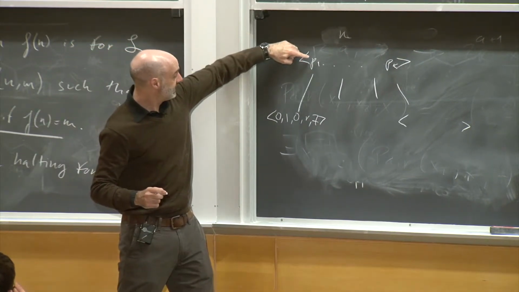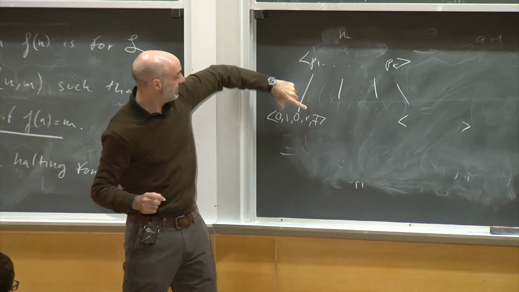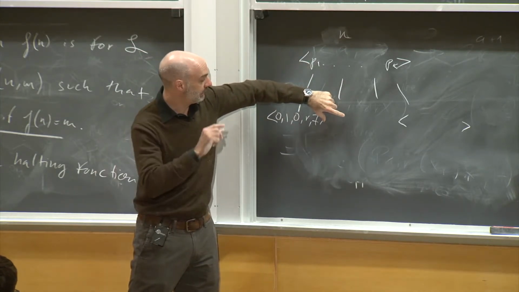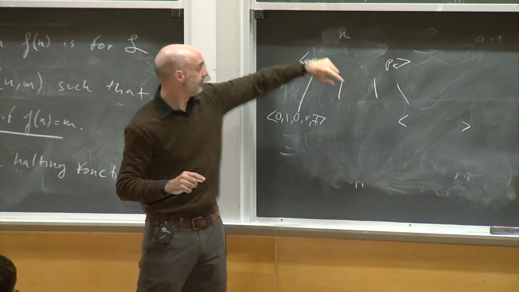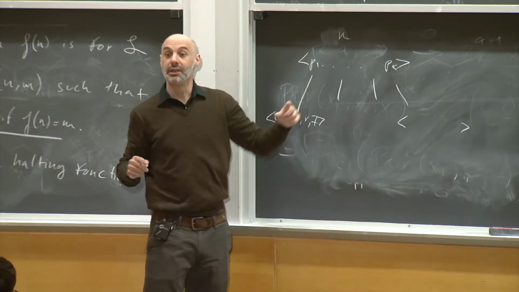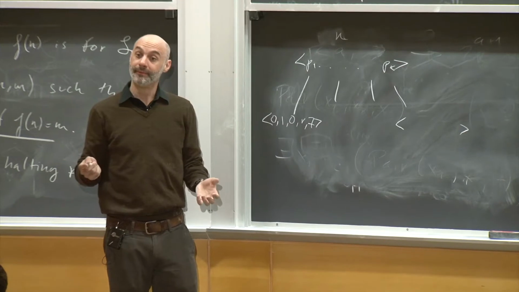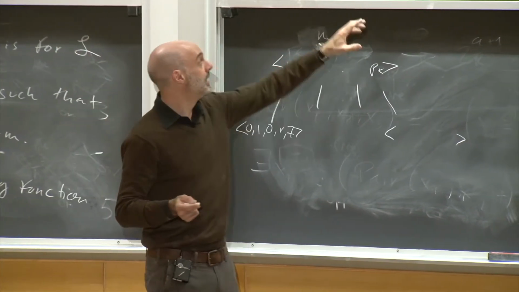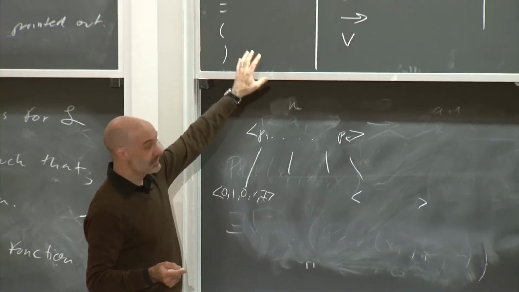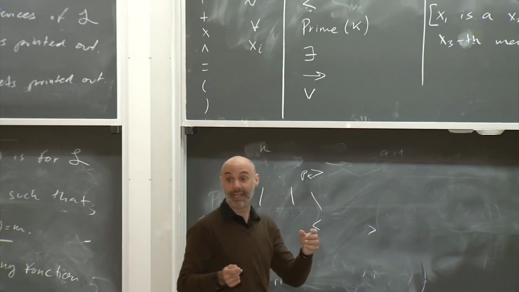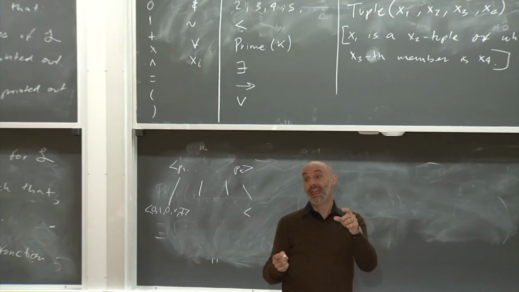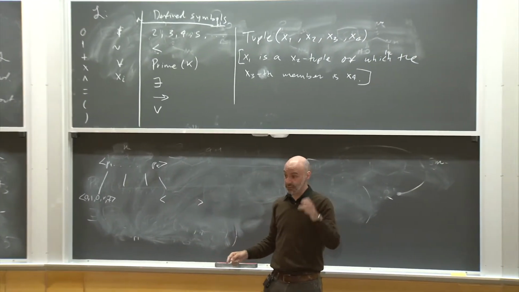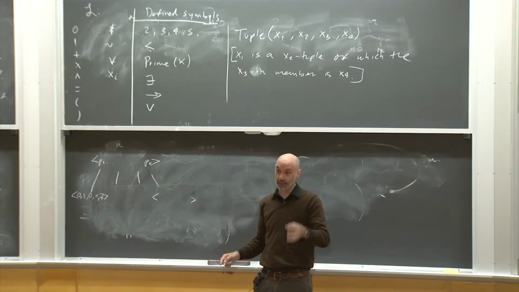So in effect, each member of this sequence codes up a line of our Turing program. So the entire sequence codes up the entire program. And it's relatively easy, though long and boring, to use this vocabulary to just define a predicate, which in effect checks that it's not just a random sequence, that it really is a sequence that corresponds to a well-formed program.